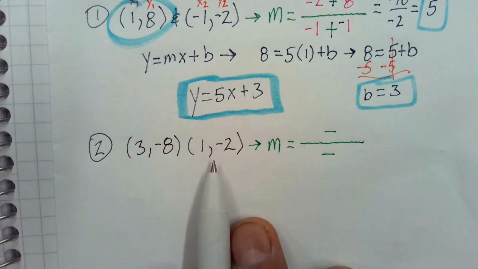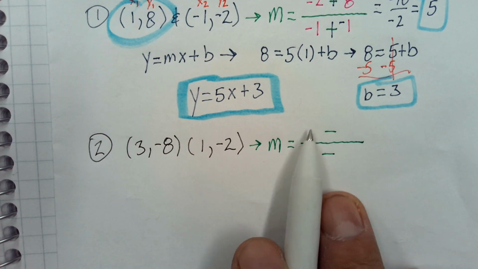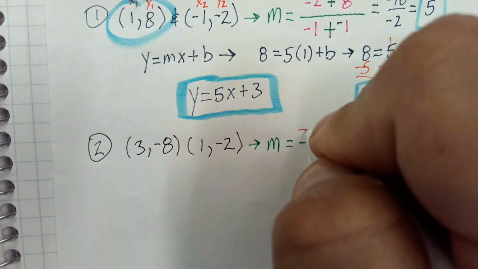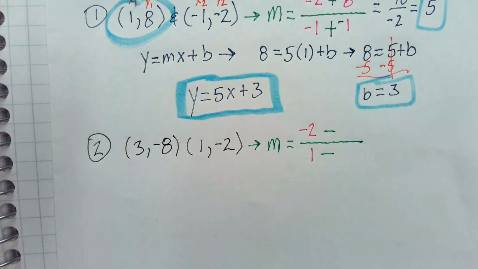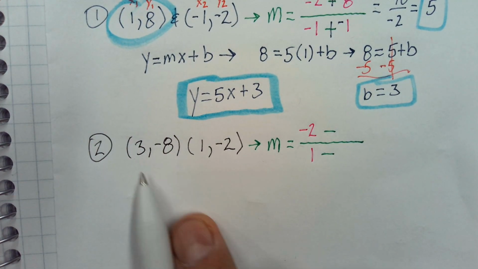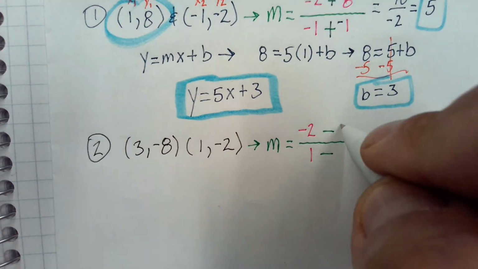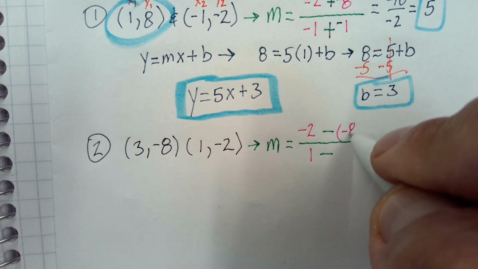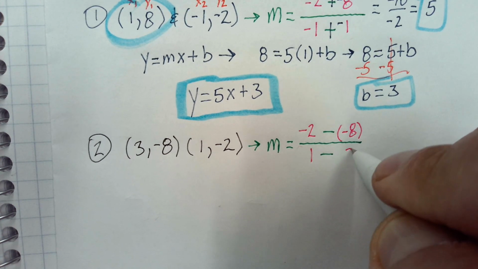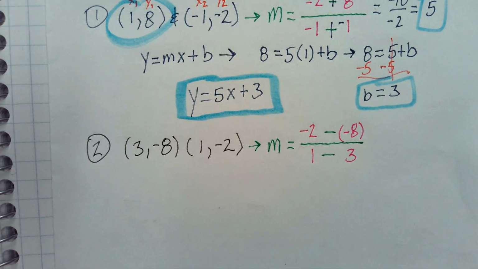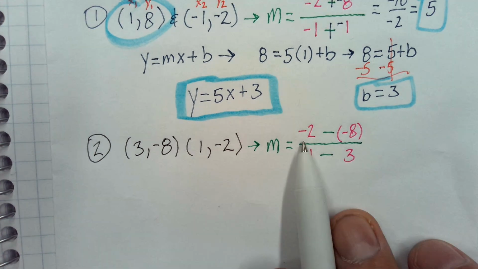Again, I'll start with the second one. Turn the numbers and put them in this first slot. -2 and 1. Take the first ordered pair, turn the numbers, put them in there. -8 and 3.